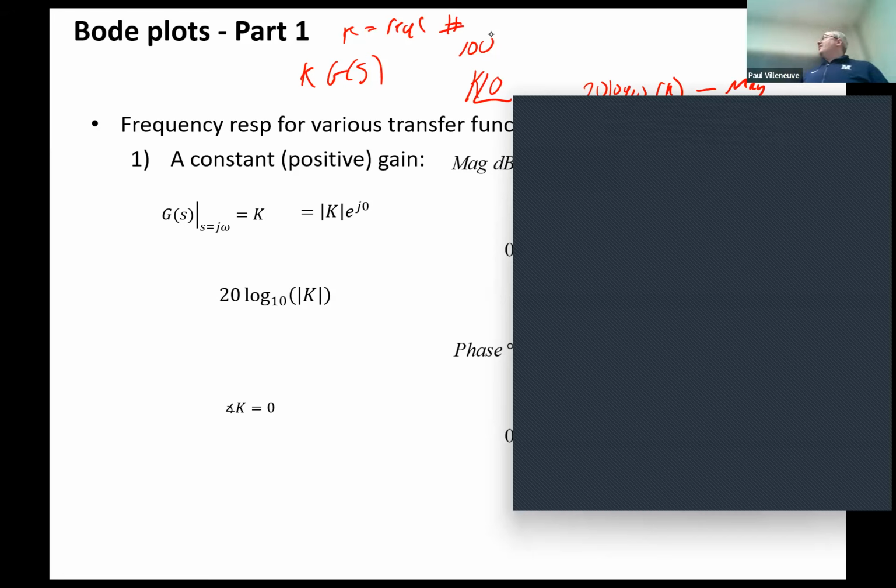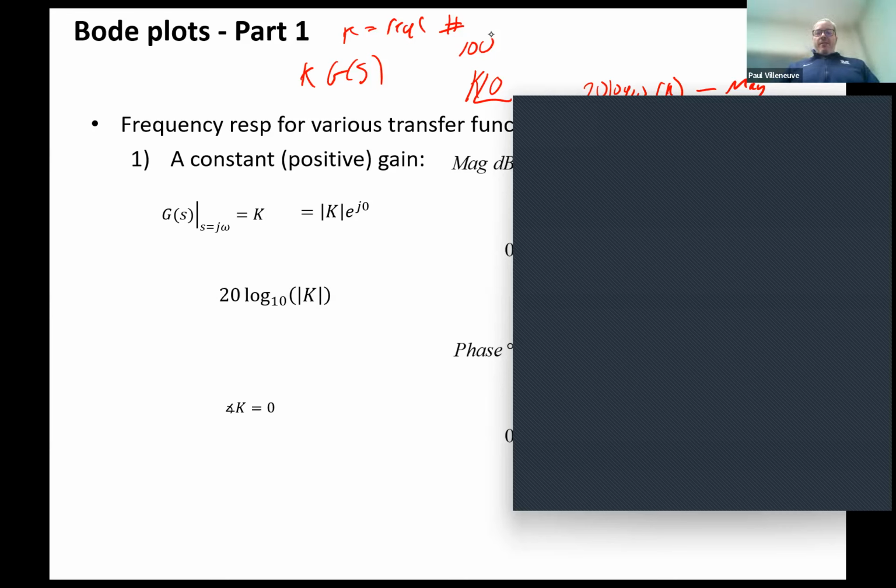How would I decrease the amplitude? If I multiply the block diagram by a value of 100, that's my value of K. How do I make it less? Divide? Kind of. You don't divide, you multiply by a number less than 1. Dividing by 10 is the same thing as multiplying by 0.1.